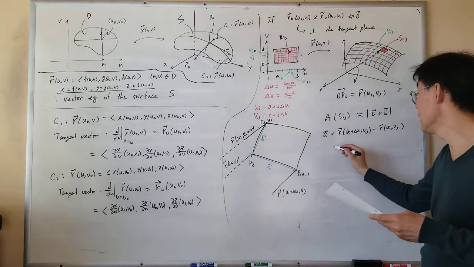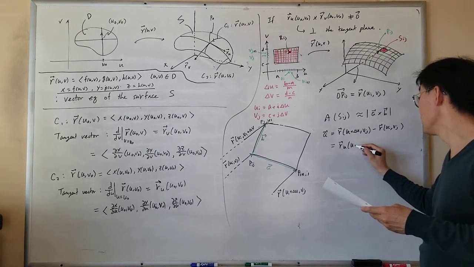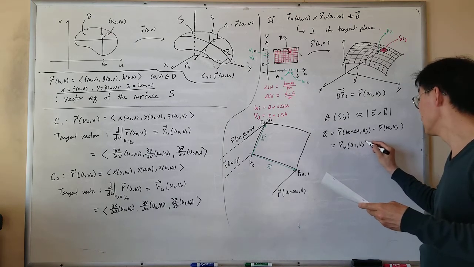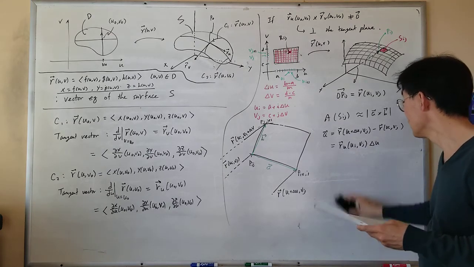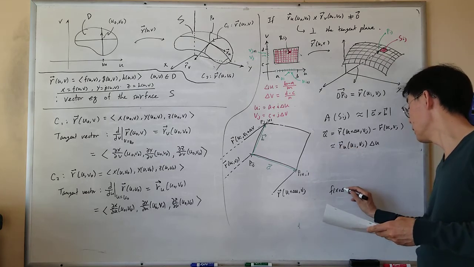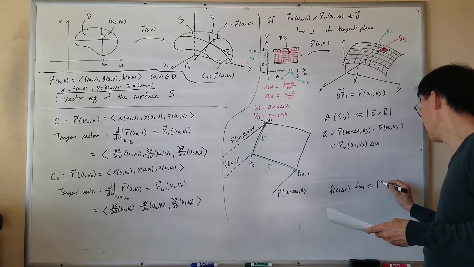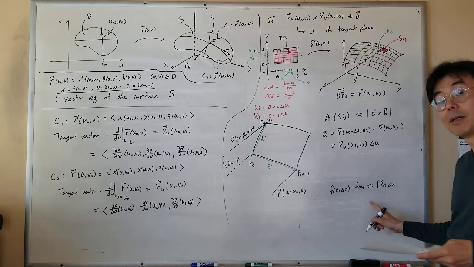That is exactly the u partial derivative of r at (ui, vj) times delta u, right? Linear approximation, remember? f of x plus delta x minus f of x is equal to f prime of x times delta x.